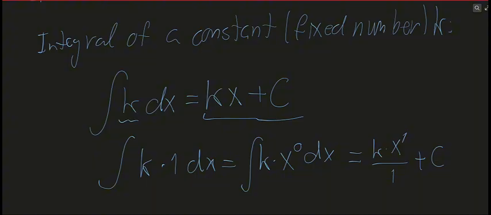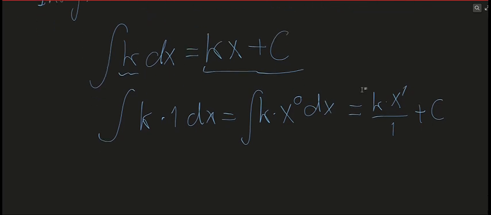So that's two ways of seeing this. I will make it a point to emphasize this in class, but for the time being, please remember that the integral of a constant is kx plus c. So the integral, for instance, of 5 dx is going to be 5x plus c, or any other number for that matter.